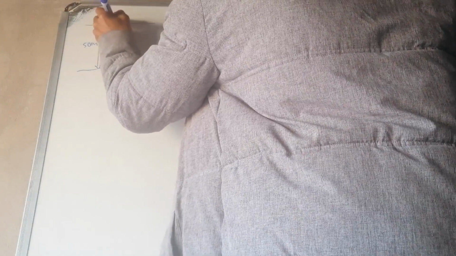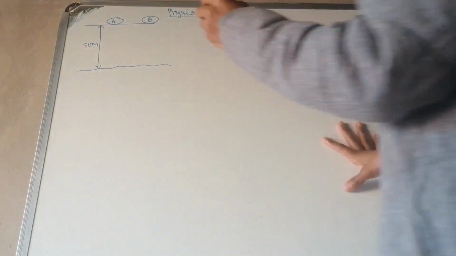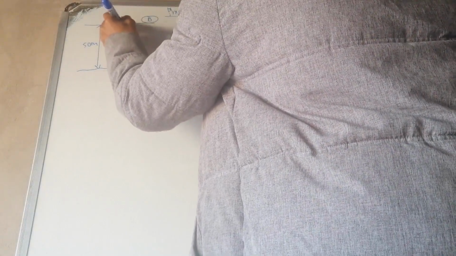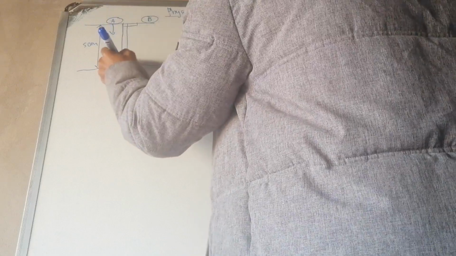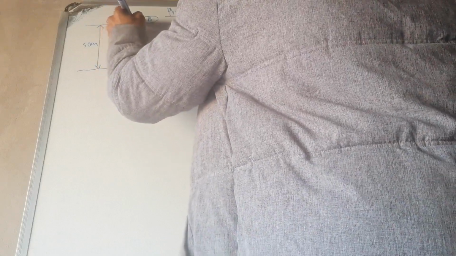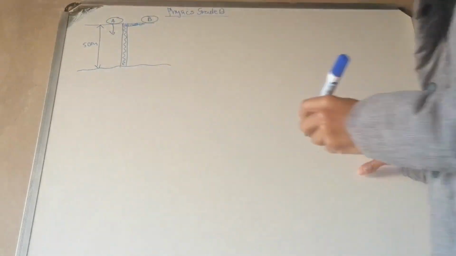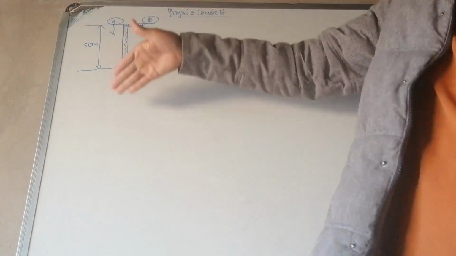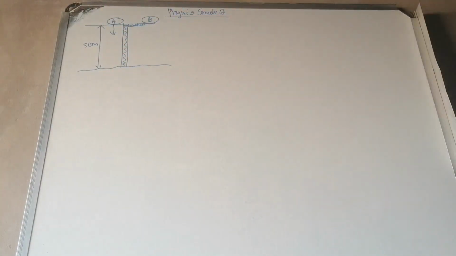The distance from the top relative to the ground is 50, and we have a stone A, and I think a stone B, and this stone is being thrown vertically downwards, and this is something like a cliff. Okay, so they are standing on a cliff that is balanced by whatever that it balances, and then there are two stones on top of there.